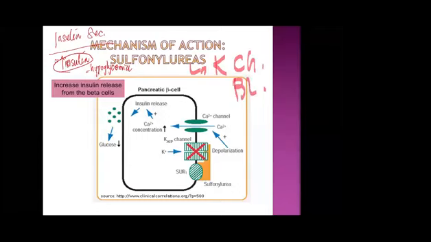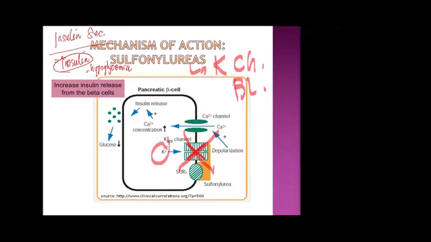Okay, again, basically, sulfonylureas are potassium channel blockers. So apparently, you already have an idea what's going to happen here. We mentioned that when the potassium channel, the ATP-sensitive potassium channel, is blocked, that can cause what? Intracellular potassium goes up or down? What will happen?